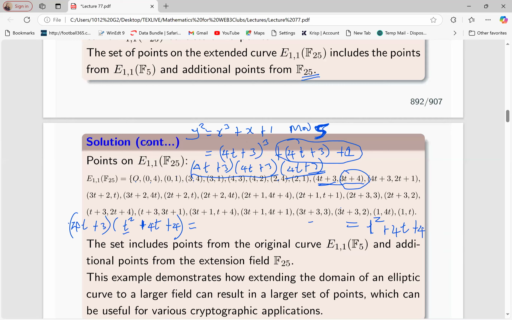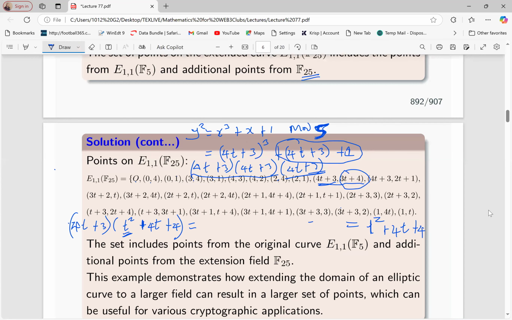But this t squared, we can even do away with it. You can do away with it because our original polynomial was, what was the polynomial? Let me just look at the polynomial. Oh, it was t squared plus 2. So when you equate this to 0, it means that t squared will be negative 2.